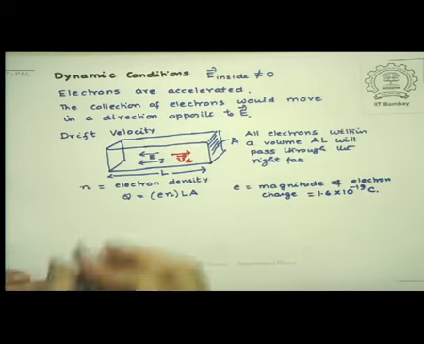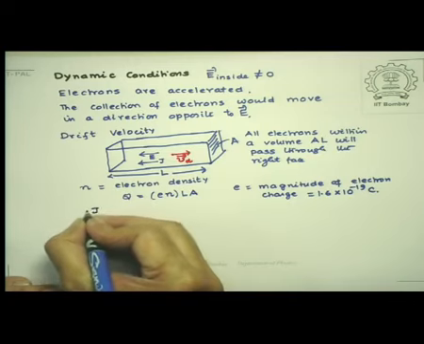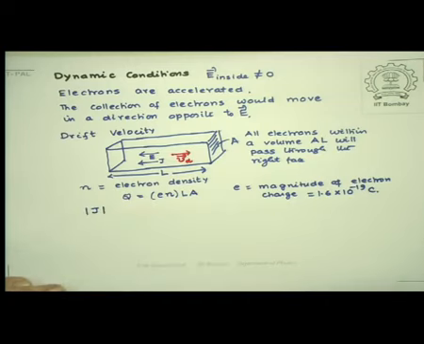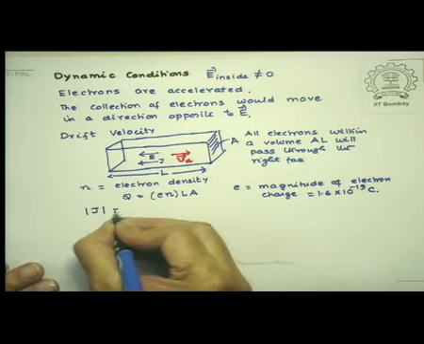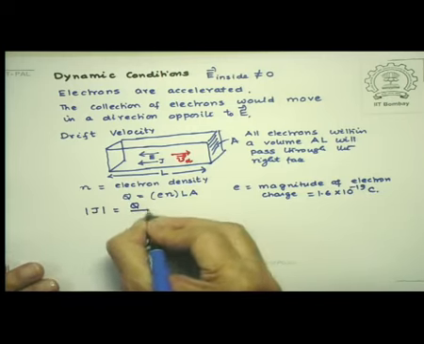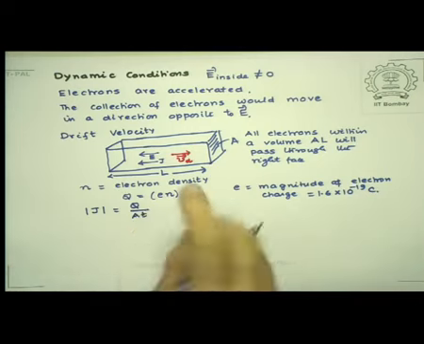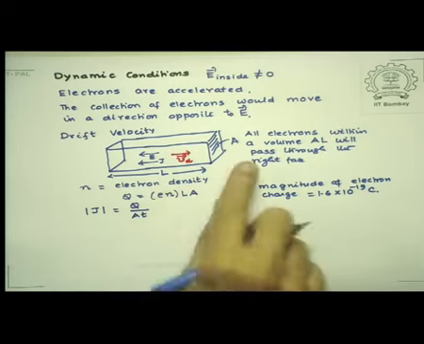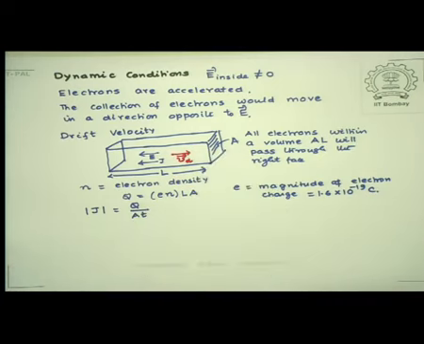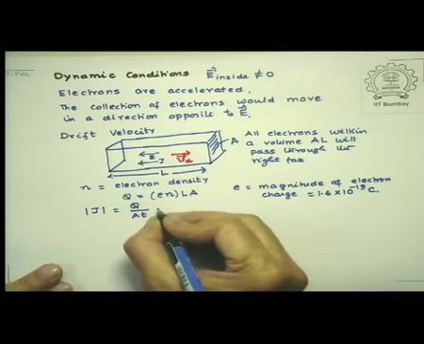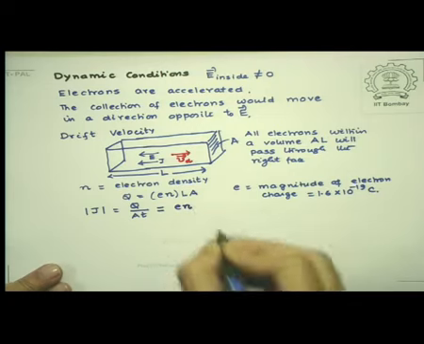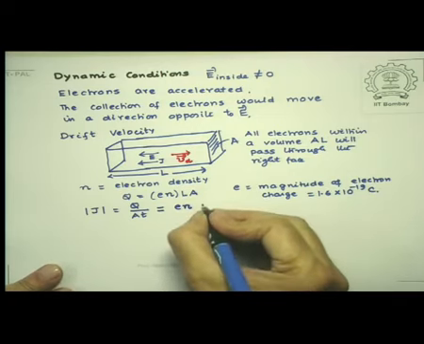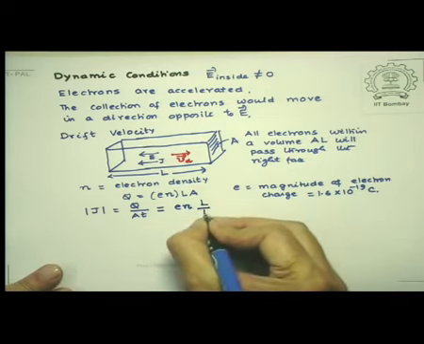So, therefore, the current density is given by Q divided by A times t. This is the amount of charge that has passed through this surface in time t. So, this is given by e times n; A has cancelled out, I am left with L divided by t.